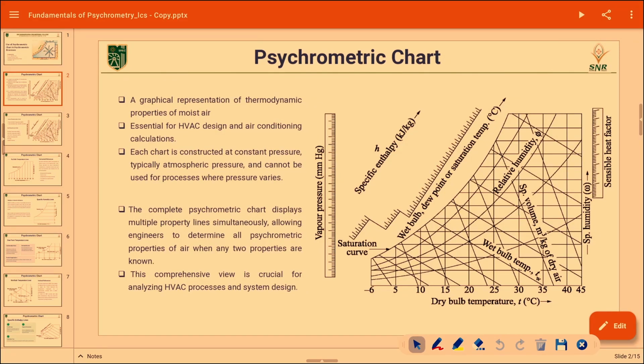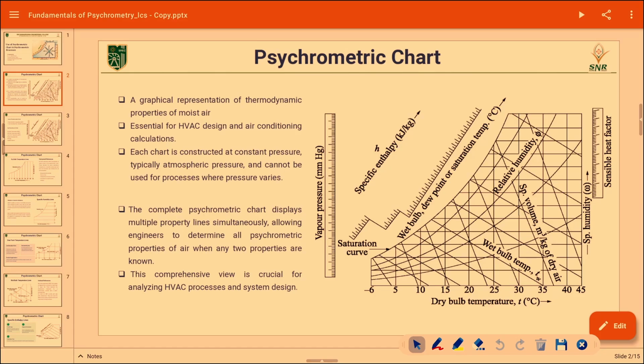We also have provision to calculate the enthalpy of the moist air if a state point is fixed in the psychrometric chart. This is called the enthalpy scale, and the constant enthalpy line is also present here. Since it is too clumsy showing everything in a single chart, let us see one by one from the next slides.